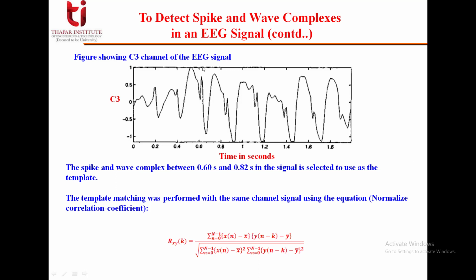This is a figure showing the C3 channel of the EEG signal, and if you see, it has different spike and wave regions. These are all showing spike and wave complexes. Now we will choose one template, and we are assuming the template between 0.6 and 0.82 seconds.